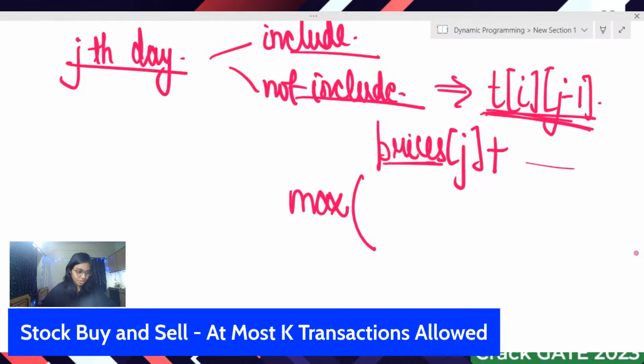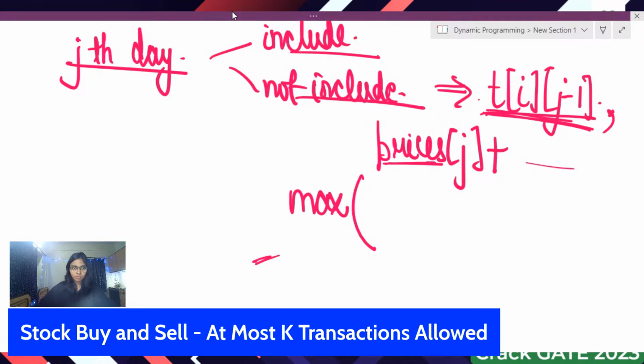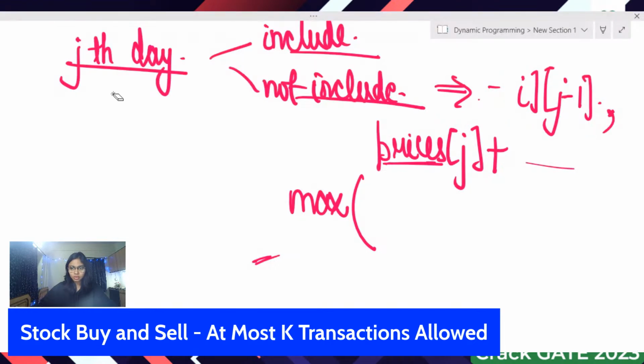All of you can just give it a try, how we are going to fill the table. This T of I J minus 1 when not included. Okay, let me write it in a clear way.